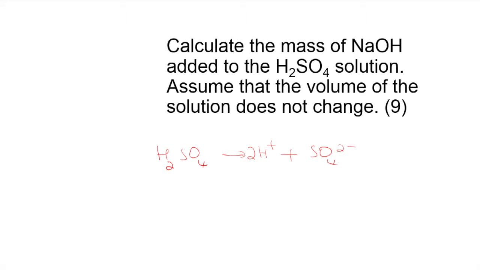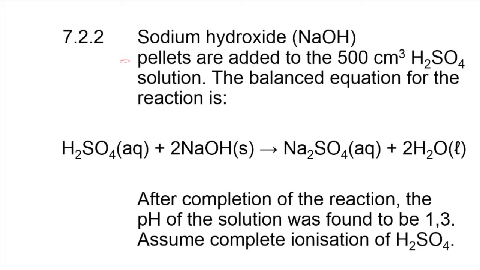Now, what do we need to do? We need to use the given information to get to the mass of sodium hydroxide. What can we use? We can make use of the pH that is given.